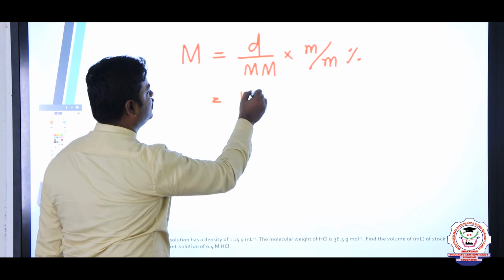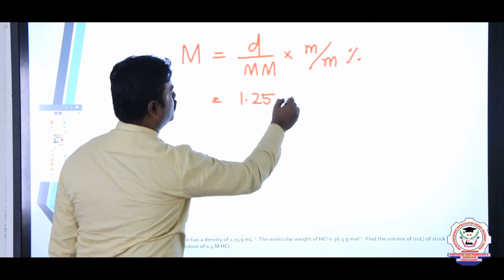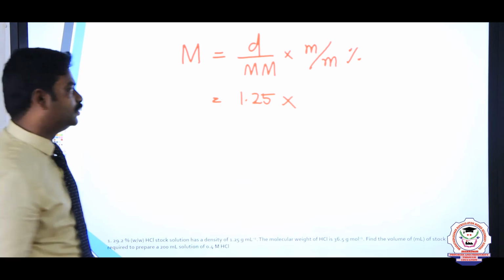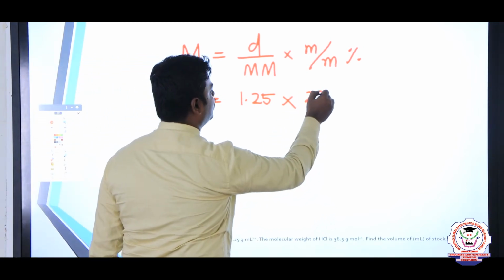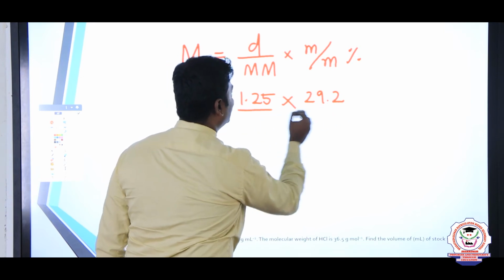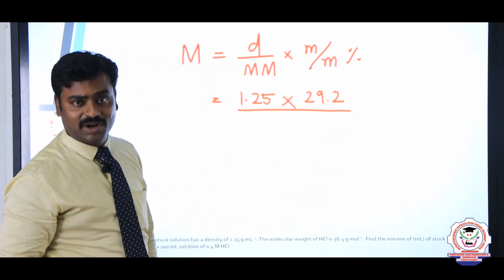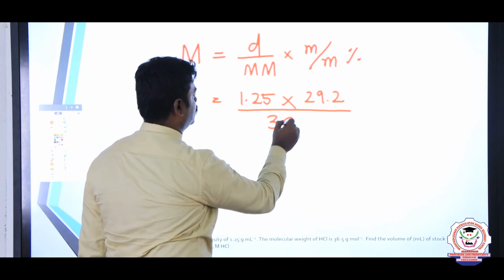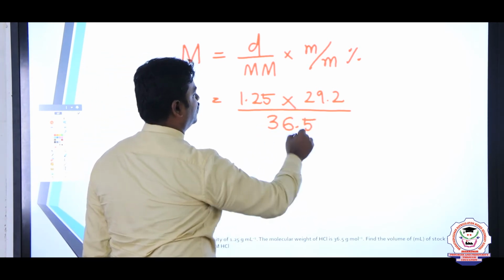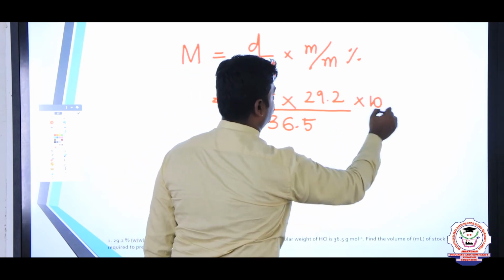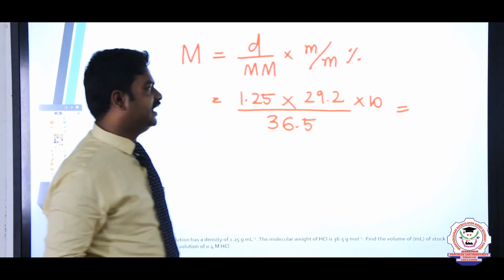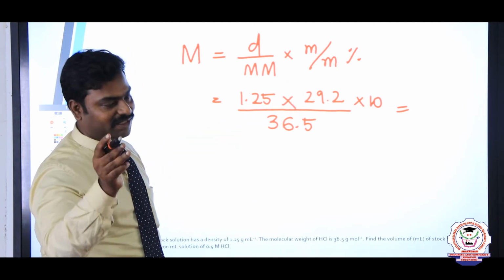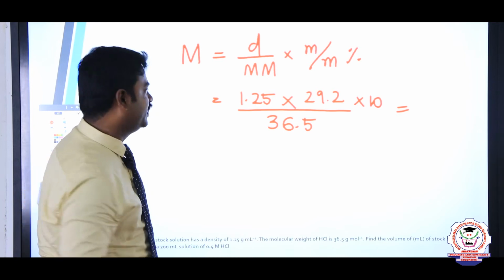So 1.25 into, what is the mass by mass percentage value? That is also given, 29.2. So 29.2. What about the molar mass? For HCl, the molar mass is 36.5, into 10. Here see, when you multiply 1.25 with 29.2, it is exactly 36.5.